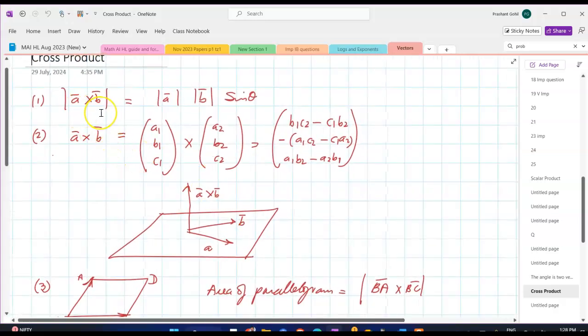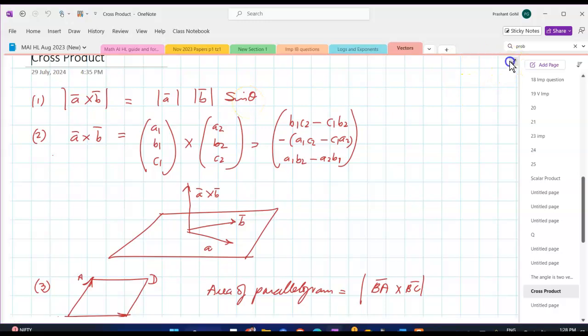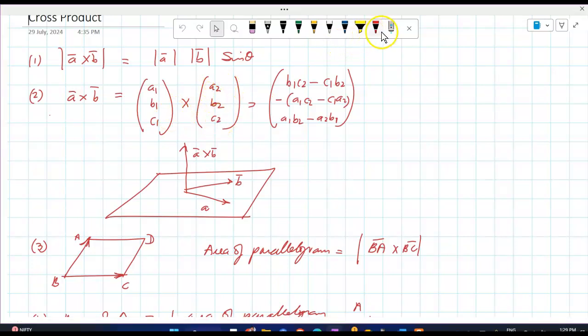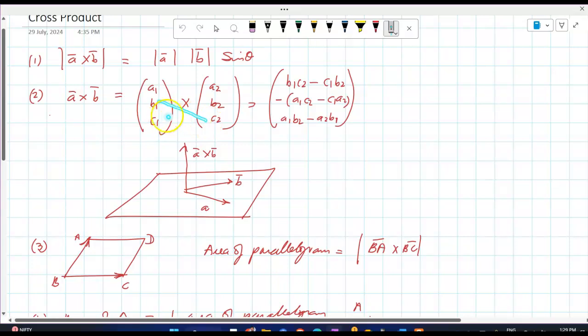Your magnitude of A cross B is magnitude of A, magnitude of B into sine of the angle between them. Now this is a definition. You can't challenge this. A cross B, if you want to find it manually, you put A1, B1, C1, A2, B2, C2. Then you have to do B1, C2 minus C1, B2.